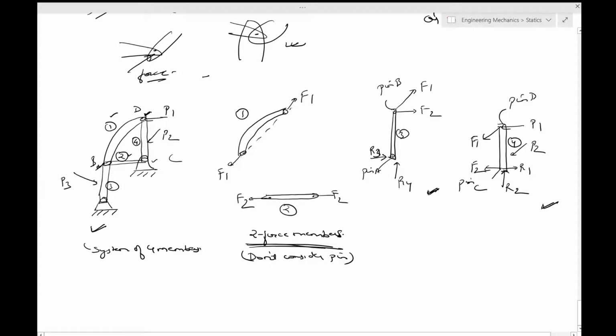So what are the unknowns? So this is F1, F2, R1, R2, R3, R4.